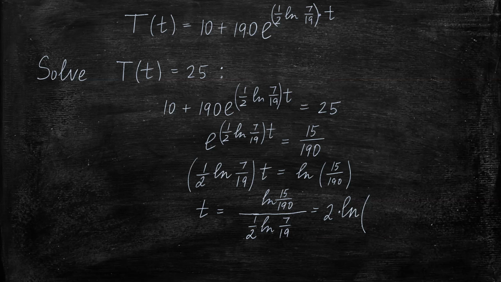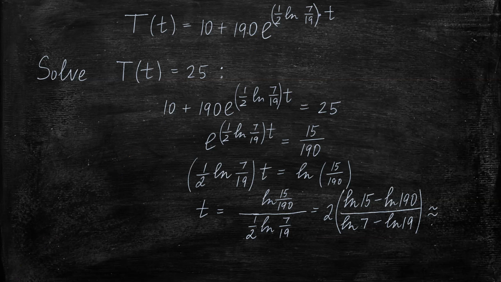I think there's a property of logs here. So we're kind of forced to actually compute this now. I don't know if this makes it any easier or not, but it seems like we have no choice but to compute this. So let's put it in the calculator.